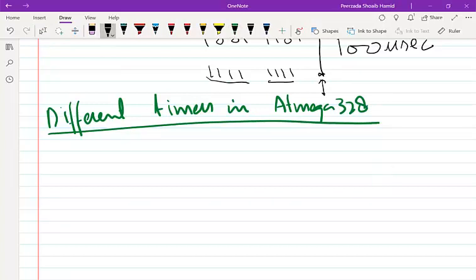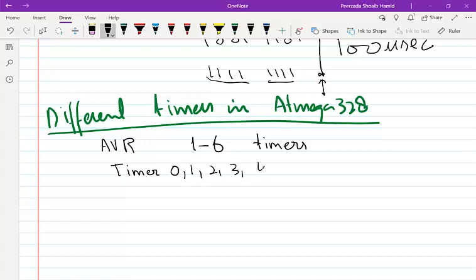In AVR microcontrollers, there are usually 1 to 6 timers. Some AVR microcontrollers have one timer and some have 6, some have 2, 3, 4 or 5, and it depends upon the particular family and the member. Those timers we name as timer 0, timer 1, timer 2, timer 3, timer 4 and timer 5. In case of Atmega 328, we have only 3 timers.